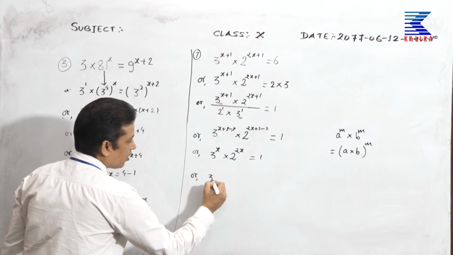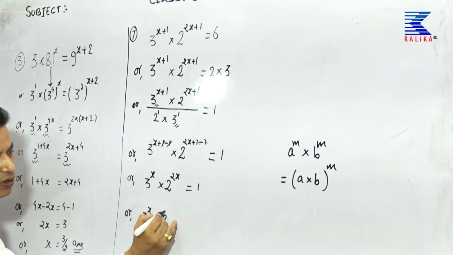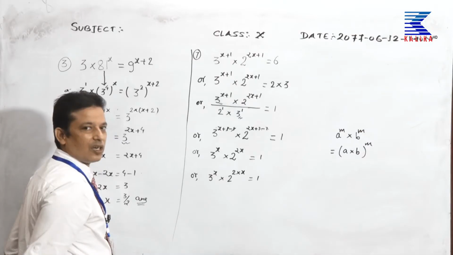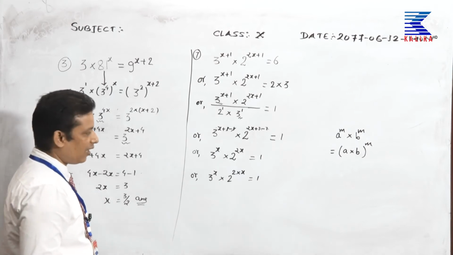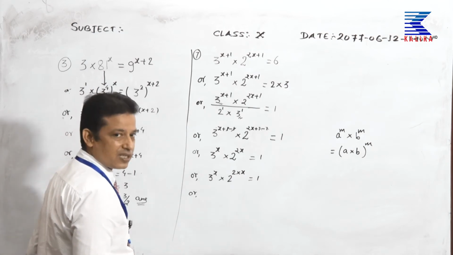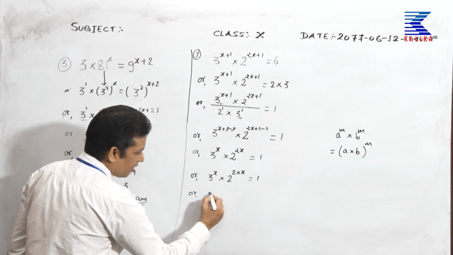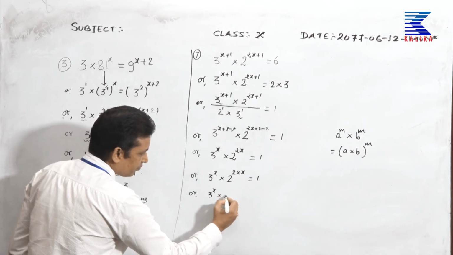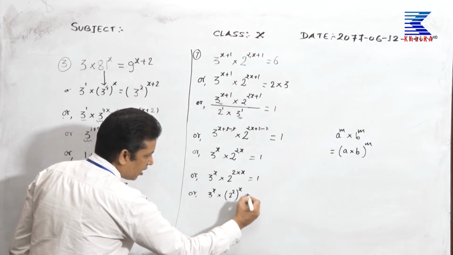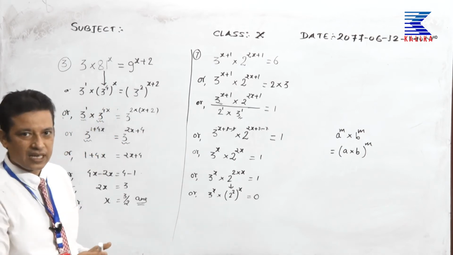Or 3 to the power x times 2 to the power 2x, we can write 2 times x. Okay, I will make it clear. I hope you are concentrating on study. So, let me write the same thing as 2 to the power 2 times x. Let us see, dear student, this is the important step.